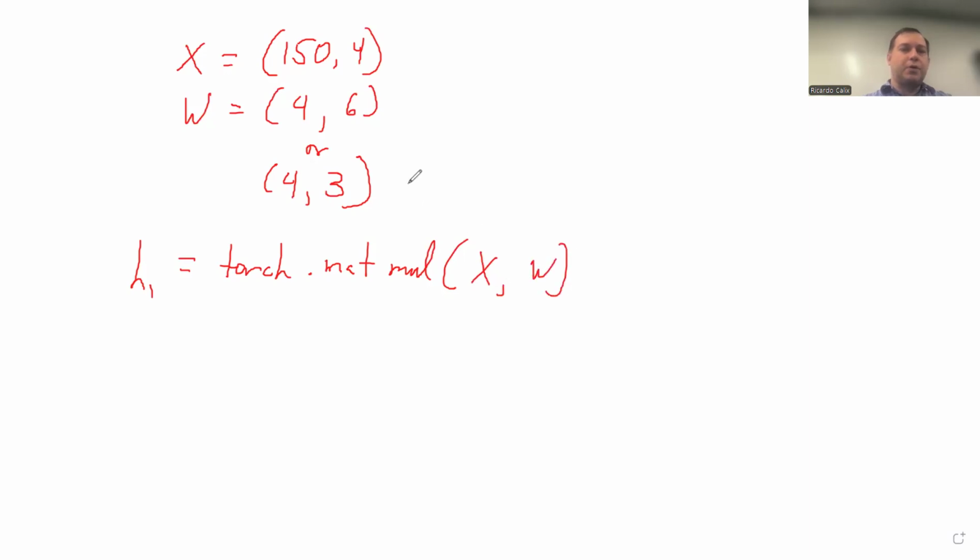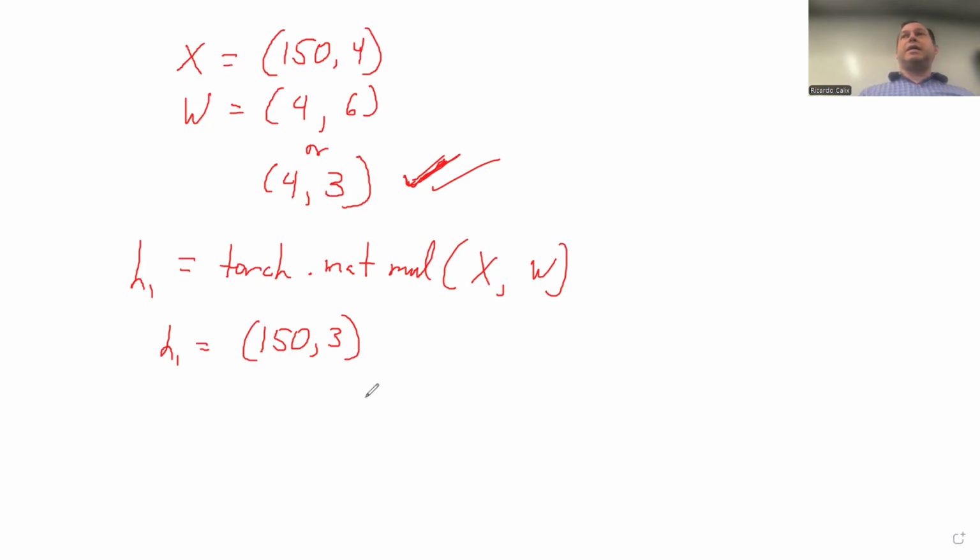I'm gonna go with this one first, okay? But then I'm gonna use the 6th one as well. I'm using that one first. So this one produced an H1, which was 150, comma 3, right? That's what the output was that we had.